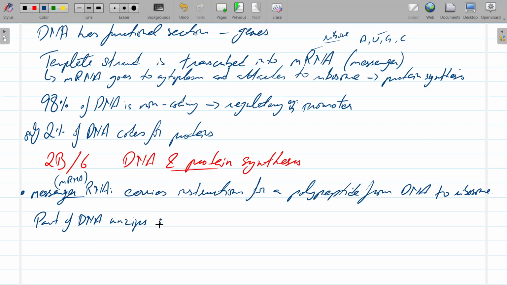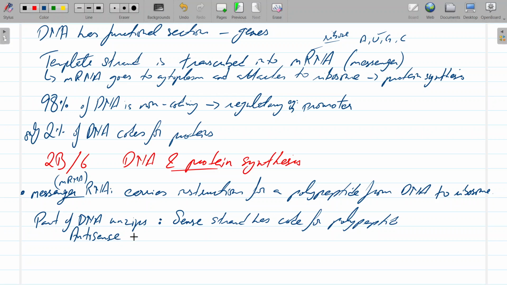You've got the two strands of the double helix. There's a sense strand that has the code, and then the complementary strand of DNA is called the antisense strand. This becomes the template for mRNA.